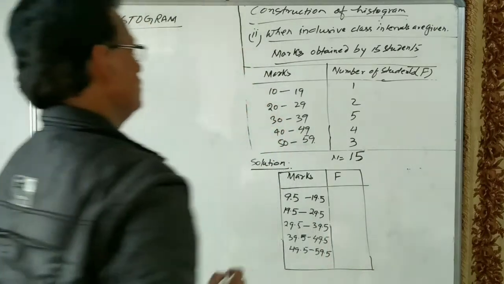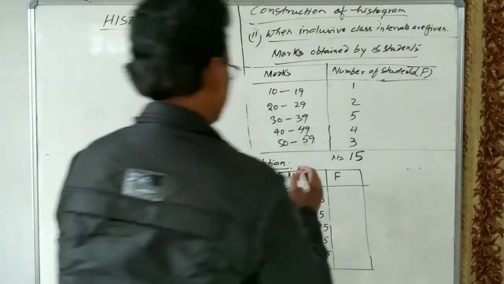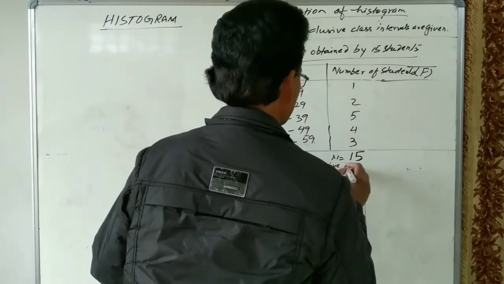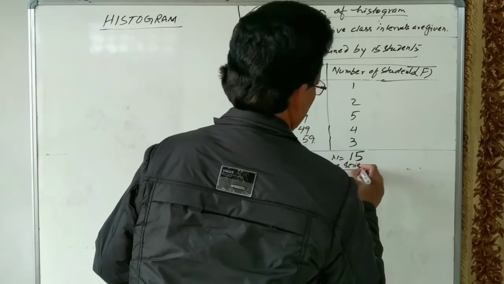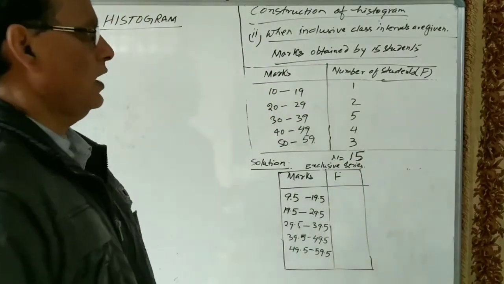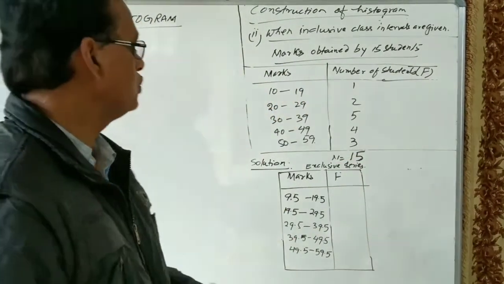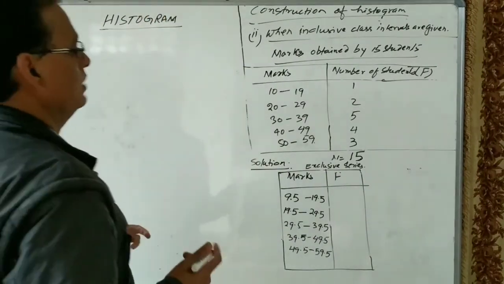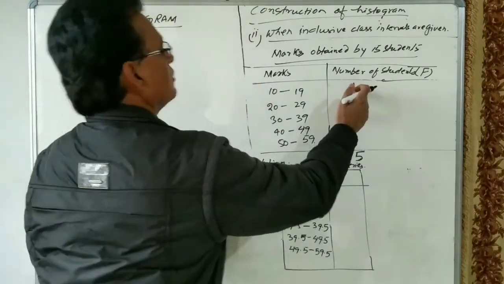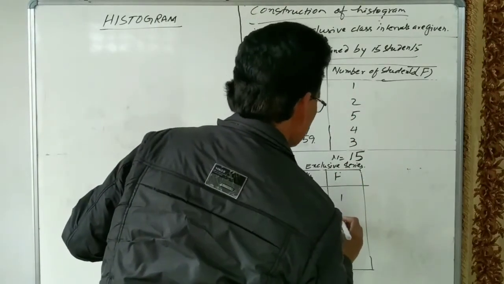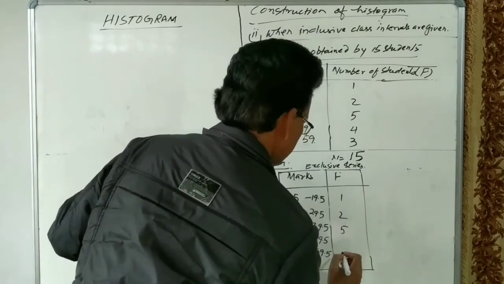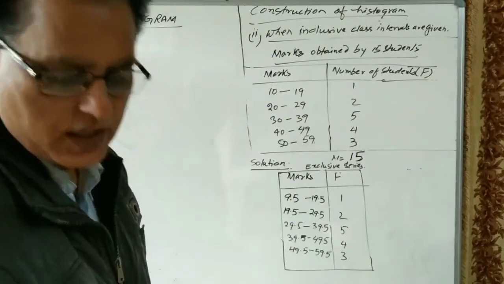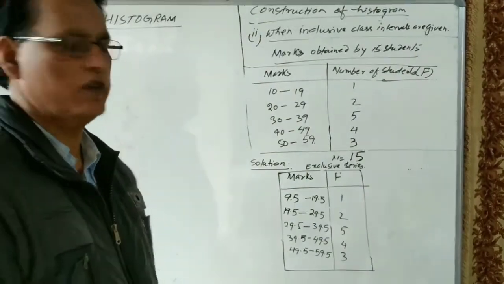So this is the exclusive class interval or series. Inclusive class intervals are to be converted into an exclusive series in order to draw a histogram. Here the class frequencies will be 1, 2, 5, 4, and 3. The rest of the procedure of construction of the histogram will be the same.